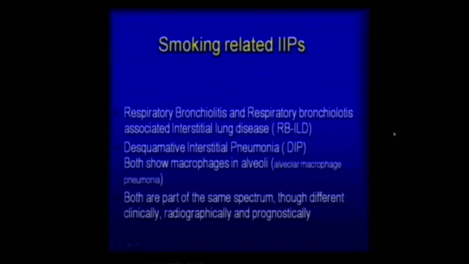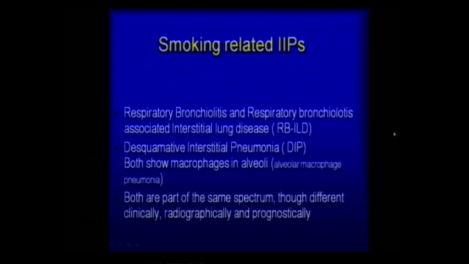Now, there are two diseases, or rather three, I should say, which are called smoking related idiopathic interstitial pneumonias. One is respiratory bronchiolitis, and second is called desquamative interstitial pneumonia. Both occur secondary to smoking. Only thing is respiratory bronchiolitis occurs in younger patients, and desquamative interstitial pneumonia occurs in slightly older patients and with more pack years of smoking history.